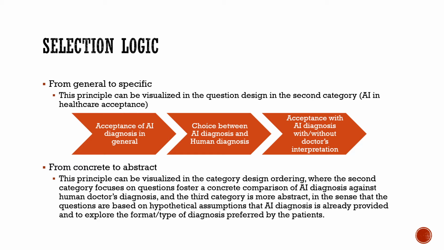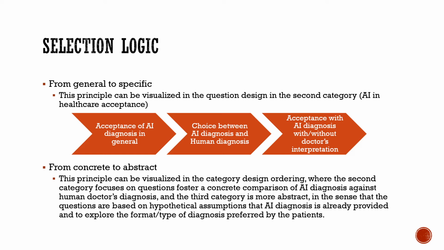And the final question in this part is related to the acceptance of AI diagnosis with or without doctor's interpretation. You can see that the question designs become more specific from one to the other as we go deeper into the survey. The second design principle, or selection logic, is from concrete to abstract.